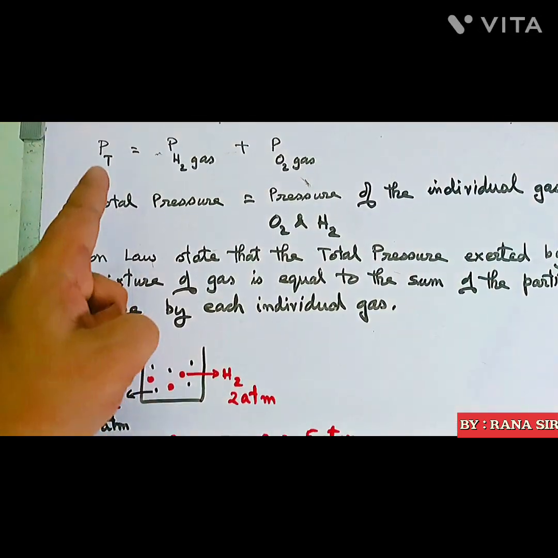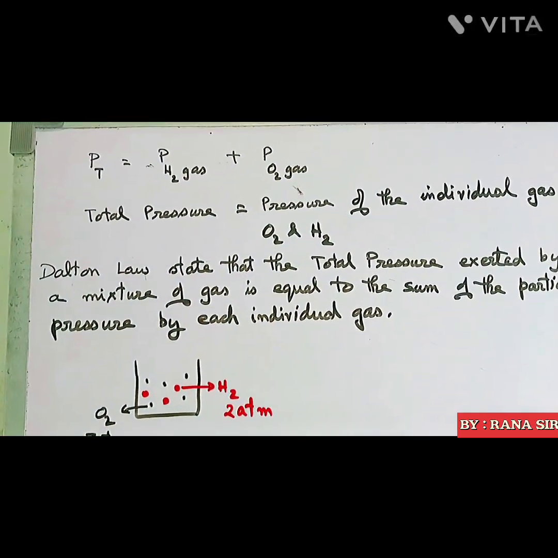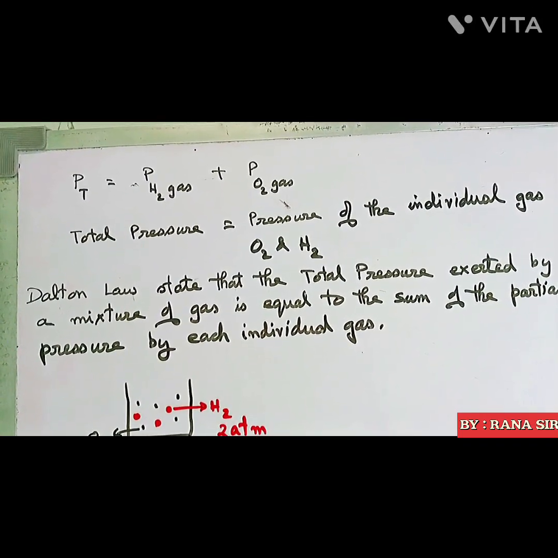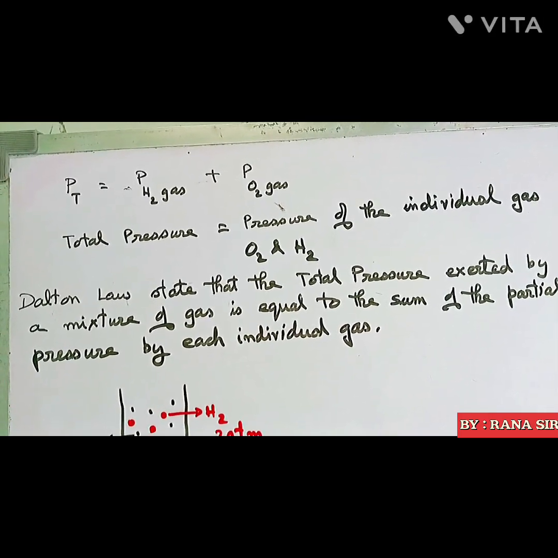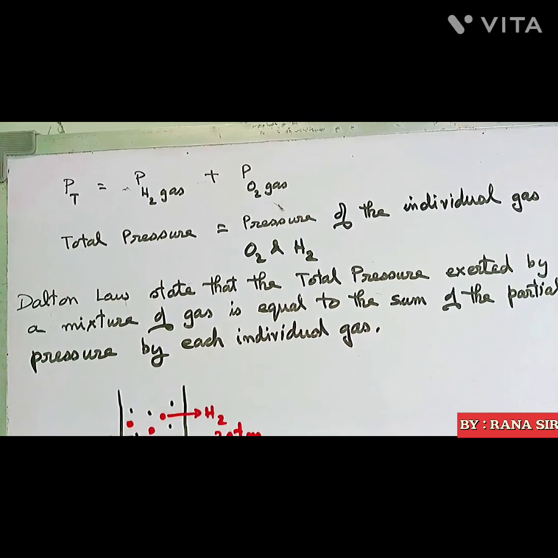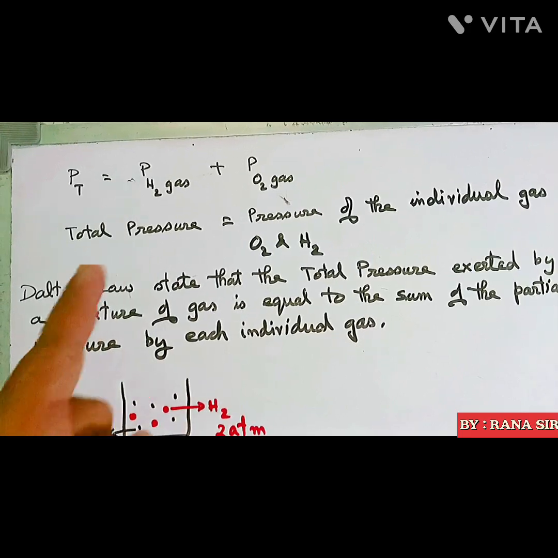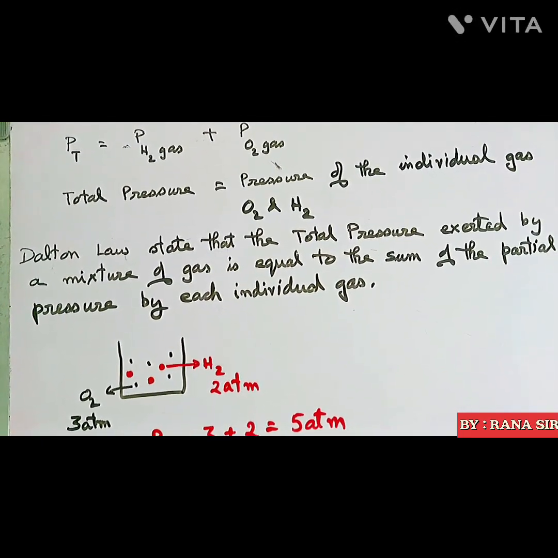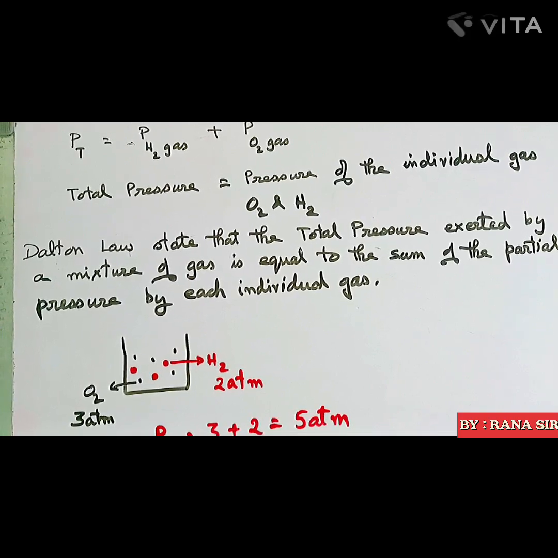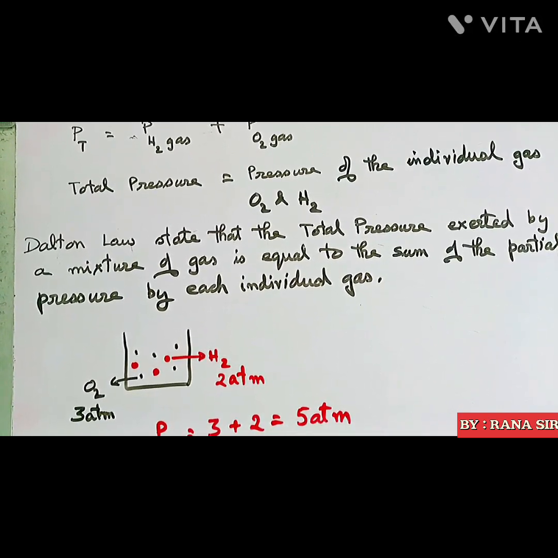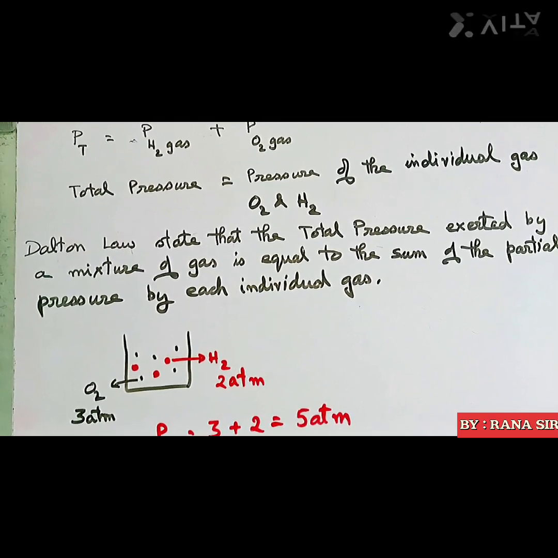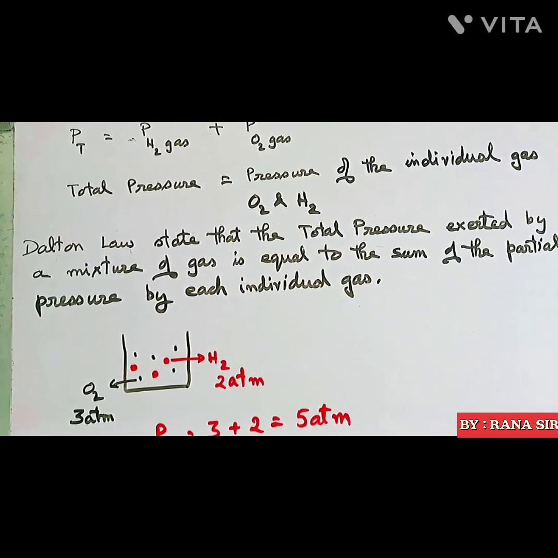So total pressure, PT is total pressure, equal to sum of the individual gas pressures, that is pressure of H2 gas plus pressure of oxygen gas. So Dalton's law states that the total pressure exerted by a mixture of gases is equal to the sum of the partial pressures by the individual gases.